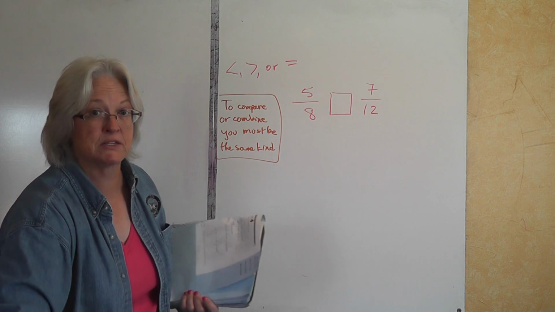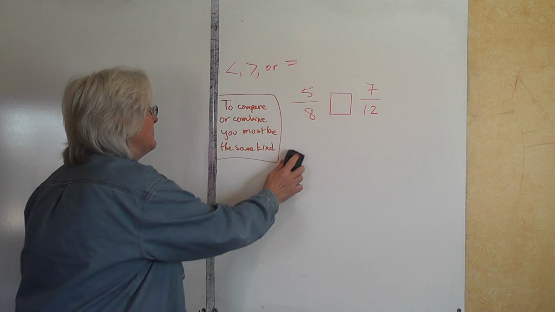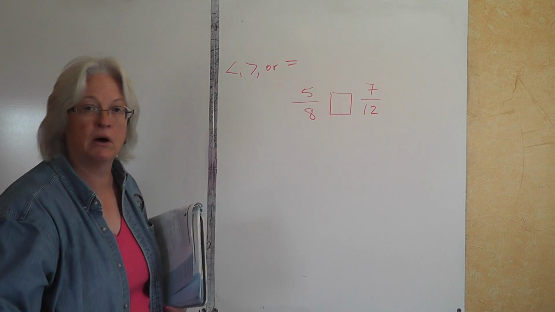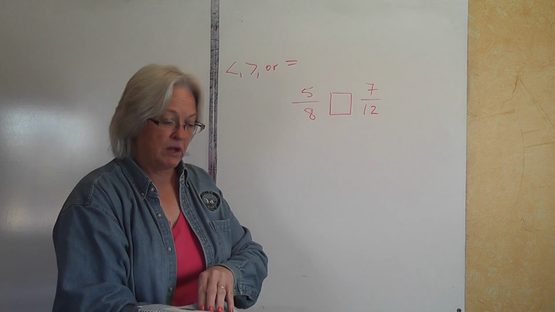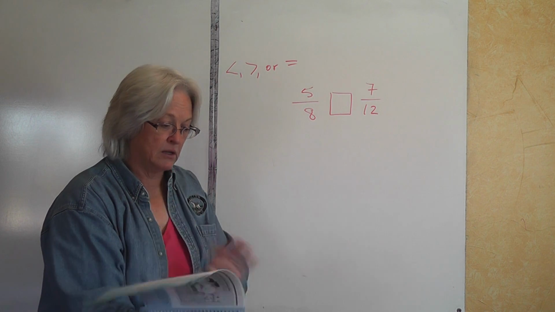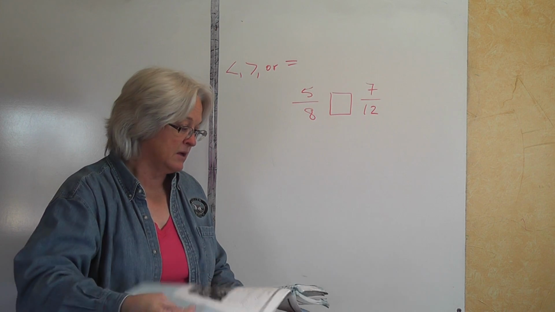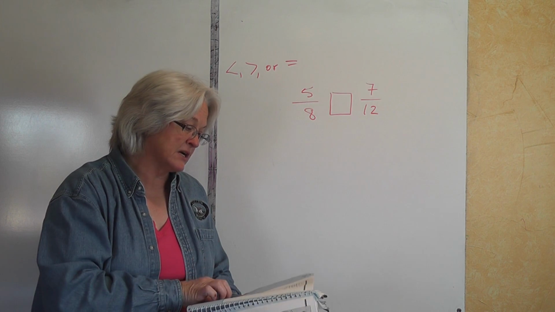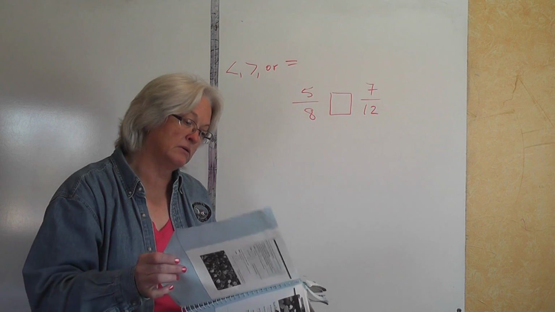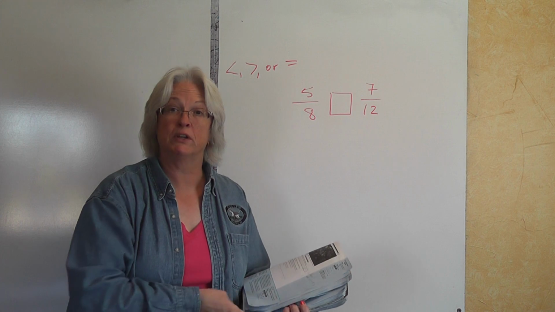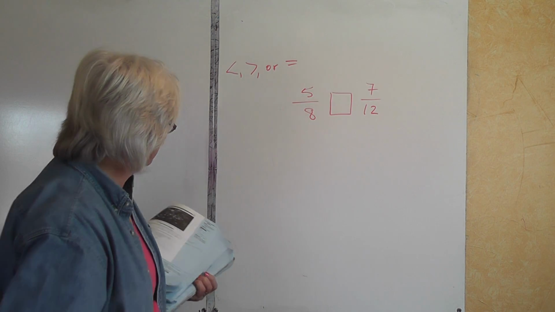I'm going to take just a second here, and we're going to flip back in our book, and I'm going to tell you exactly what page to look on. This is where we are talking about finding common denominators. This should be section 5.7, which is page 163.